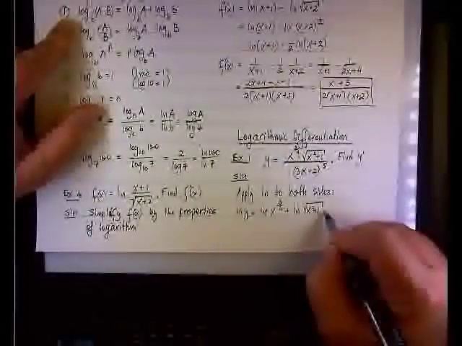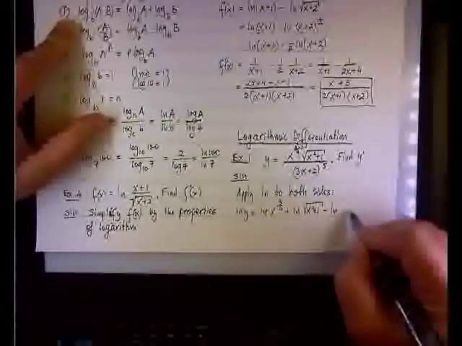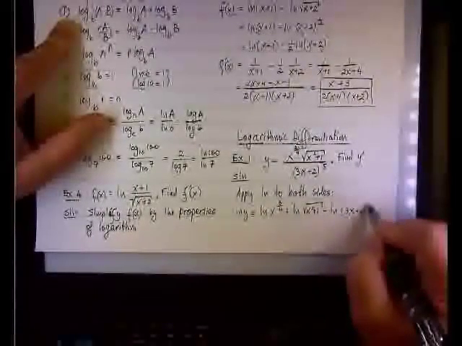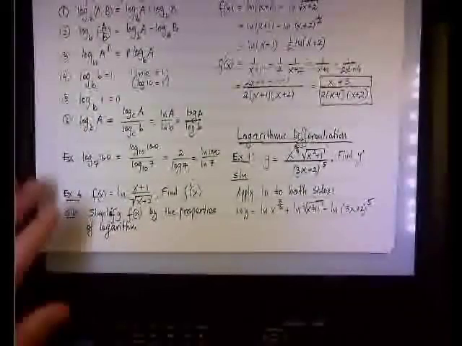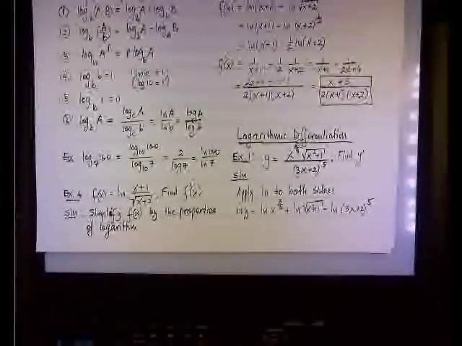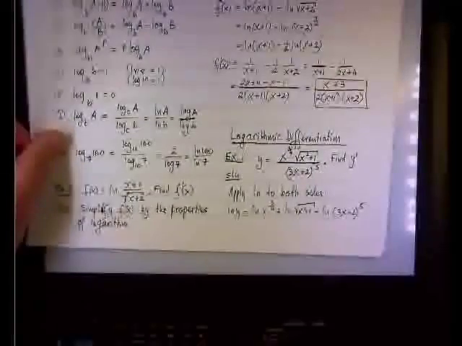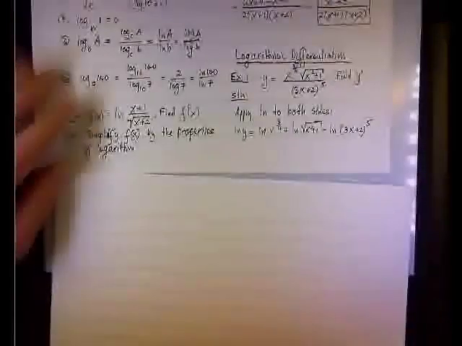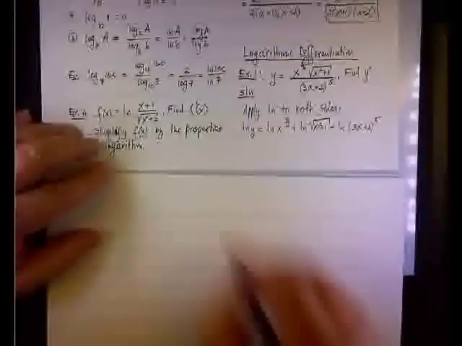And then since I divide, I have minus the natural log of 3x plus 2 to the 5th power. So that looks already better, right? But we are not done yet, because I have property number 3 available to me.